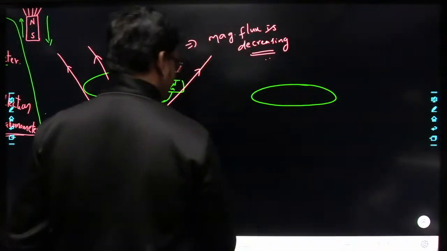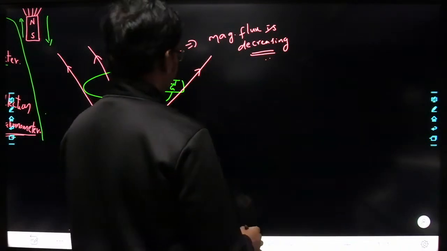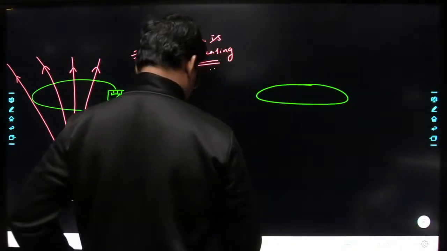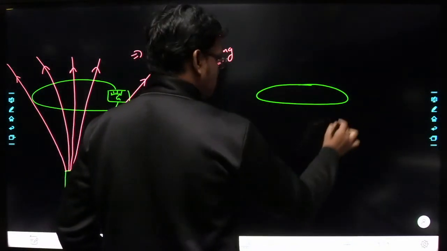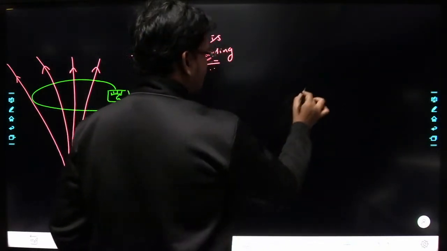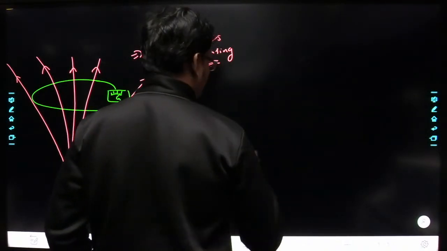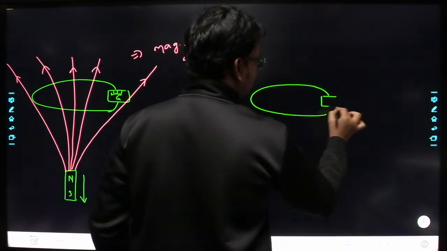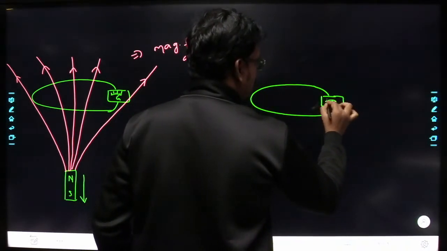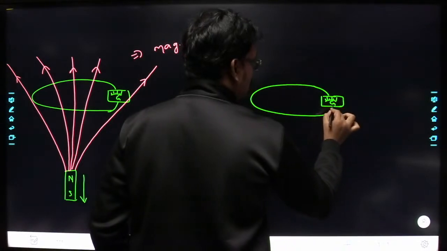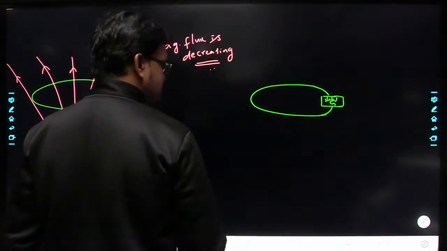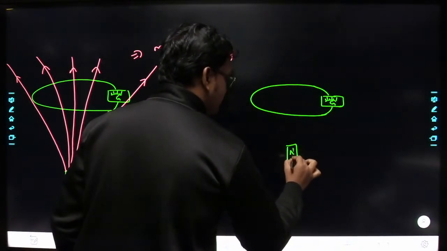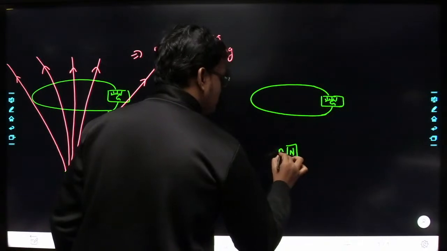Okay, so next, I am considering the loop here, and to the ends of the loop I have connected a galvanometer, right? Now in this case, let us say the magnet is moving towards the loop, so it is moving like this.